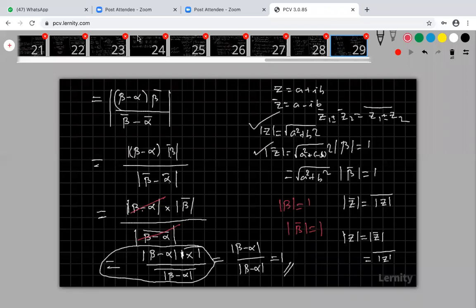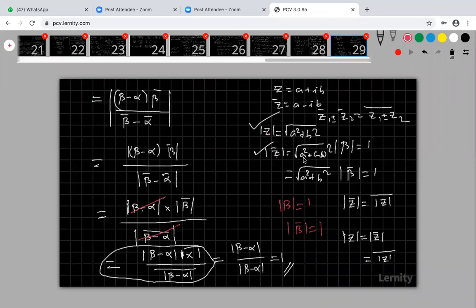Any doubt? These two are the same, Prapanch. The modulus of Z and the modulus of Z bar are both the same.